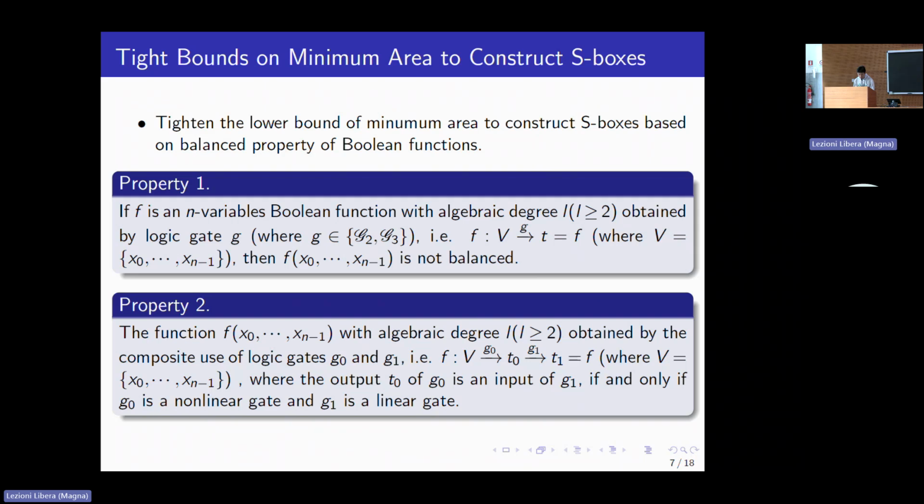And consequently, we established that the area lower bound for implementing a whole 4-bit S-box is 9 GE. And through our two methods for searching the upper bound and the lower bound of S-box area, we significantly reduce the search space for the below search.